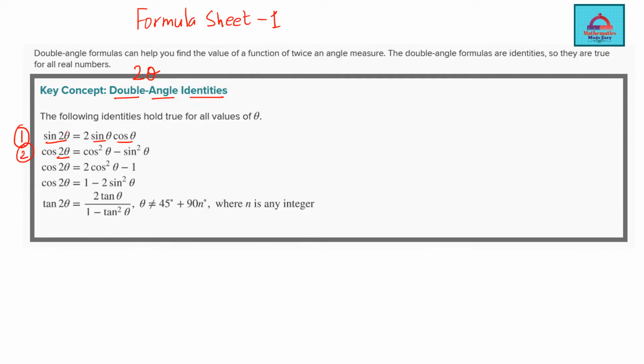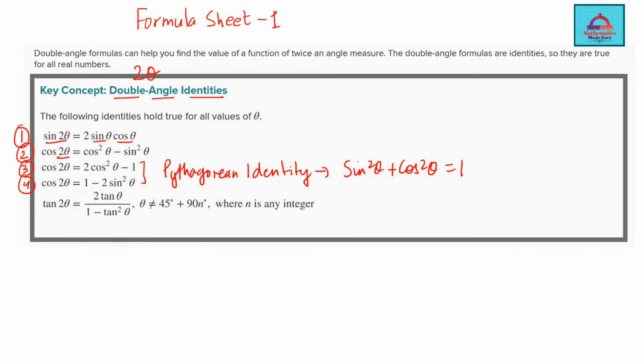Then cos 2 theta. So the cos double angle identity is cos square theta minus sine square theta. Now for cos, this identity takes three forms, this one and this one. Basically these two other forms are coming from the Pythagorean identity that you have already done in your previous lesson, which is sine square theta plus cos square theta equal to 1.